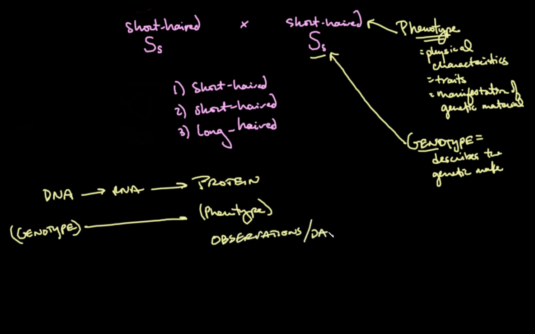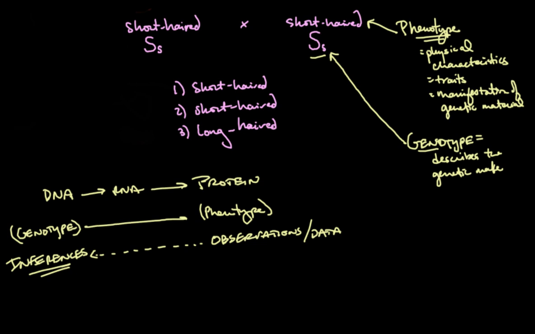And the genotypes are the inferences that we make. It's the way that we understand how genetic material is passed down. It's our explanation of how that genetic material gets passed down from one generation to the next.